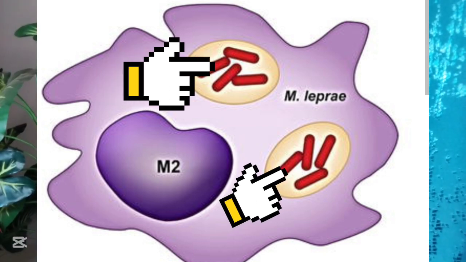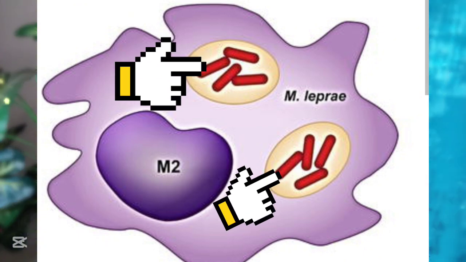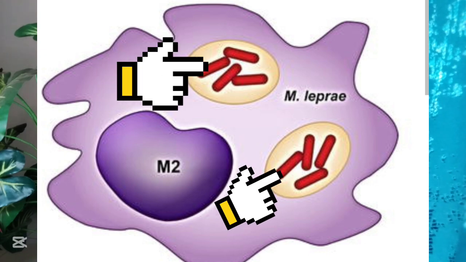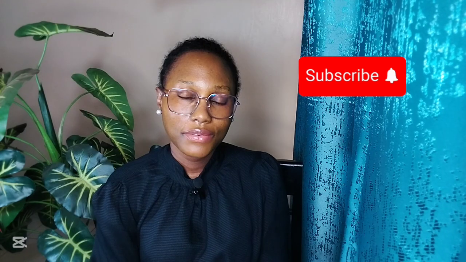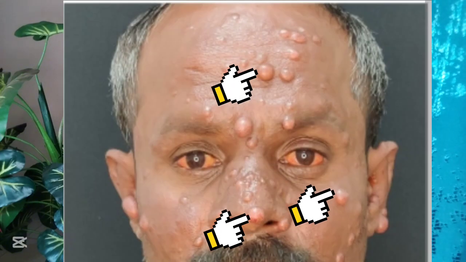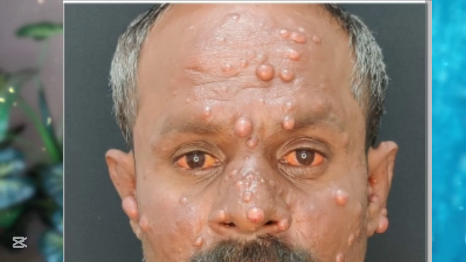Therefore, there won't be formation of a granuloma, the cluster of cells. Instead, the Mycobacterium leprae will continue to accumulate in the macrophages, and after some time they will join together and they will form what we call nodules. Nodules are small hard swellings below the skin.